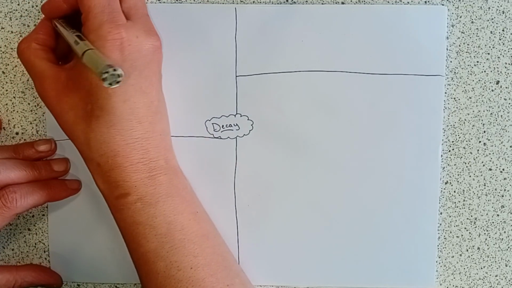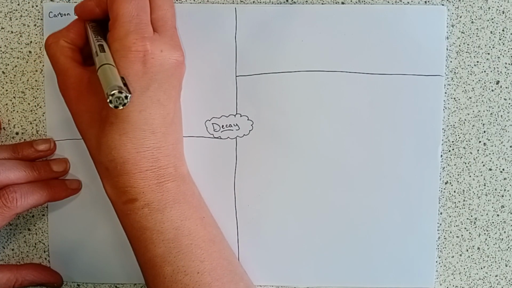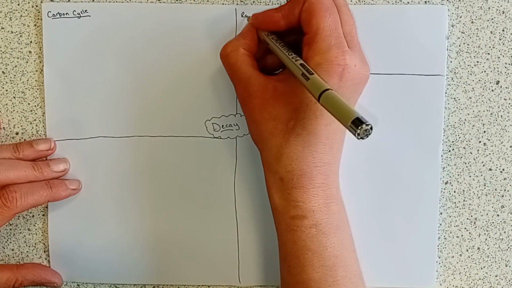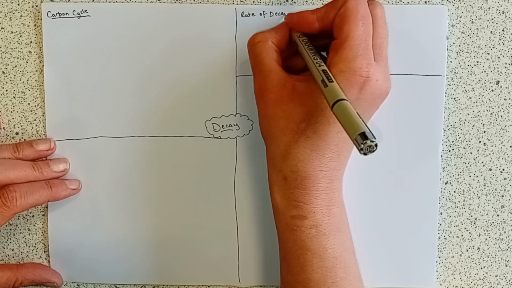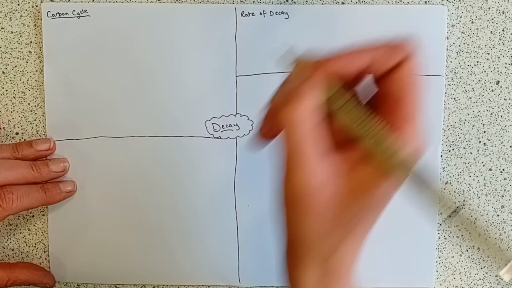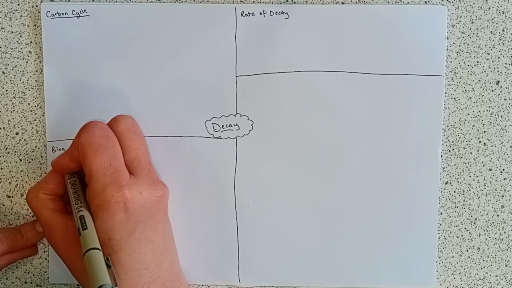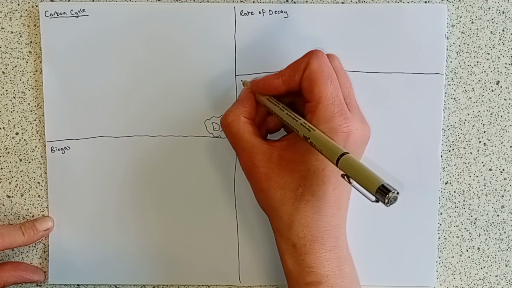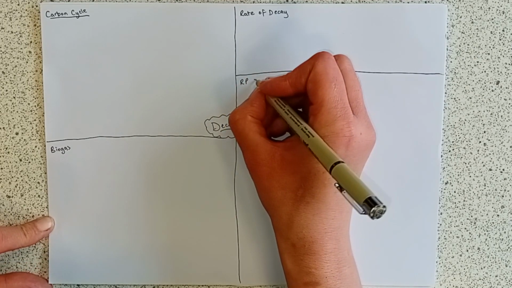In this one, I'm going to recap the carbon cycle. In this one, I'm going to recap the rate of decay and factors that affect it. In this one, we're going to be looking at biogas. And in this one, we're going to be looking at the required practical, where you look at the rate of decay.